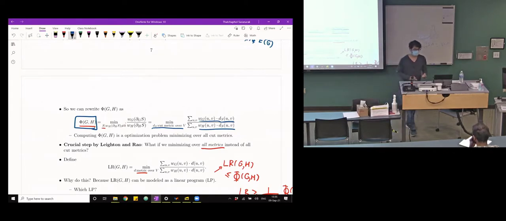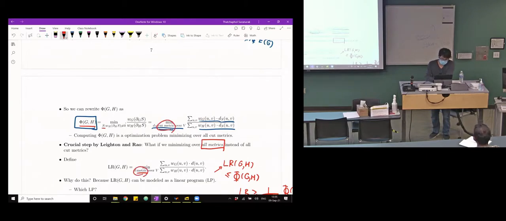The key idea is that instead of minimizing over all cut metrics, we minimize over all metrics. So instead of cut metric here, it becomes just all metrics. That's a new problem, and we call this the LR relaxation.